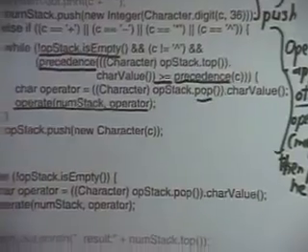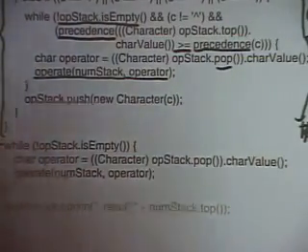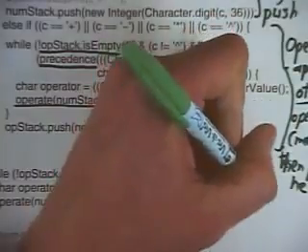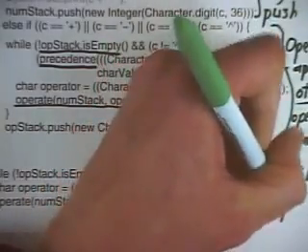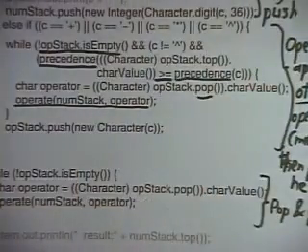And finally, when we get down to the bottom of the loop, when we have no more input to read, then it's time to take whatever operators are still on the stack and do those operations. So we're going to pop those, we're going to print them, because this program outputs two things. It outputs the postfix version of the expression and the result.